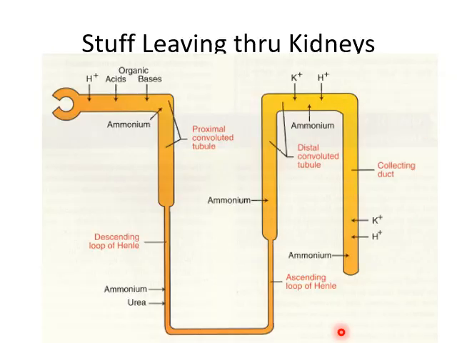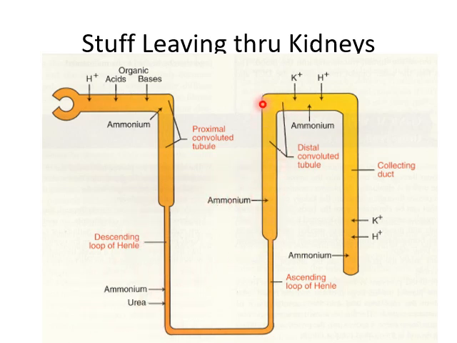So if we're getting a little bit more scientific, there's a diagram here. We talk about stuff leaving through the kidneys. So the kidneys are responsible for removing a number of different things. We can lose hydrogen ions. We can lose organic acids and bases. We can lose ammonium. And each of these areas has specific responsibilities. So in the cortex, it looks like we're getting rid of some electrolytes here. As we go down through the loop of Henle, we're dealing with ammonia and urea.